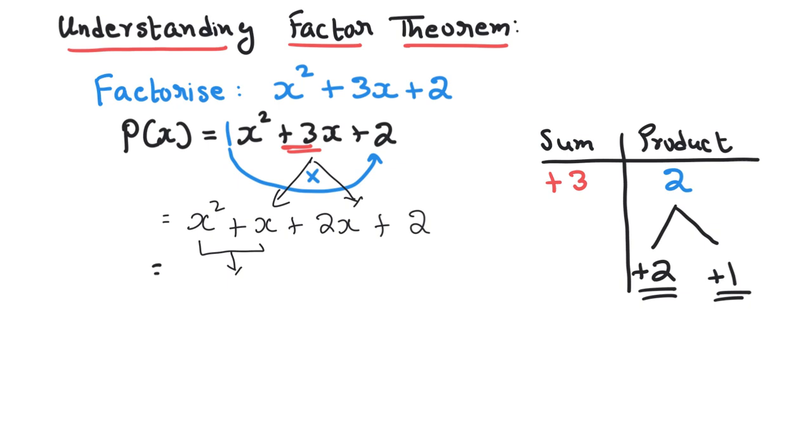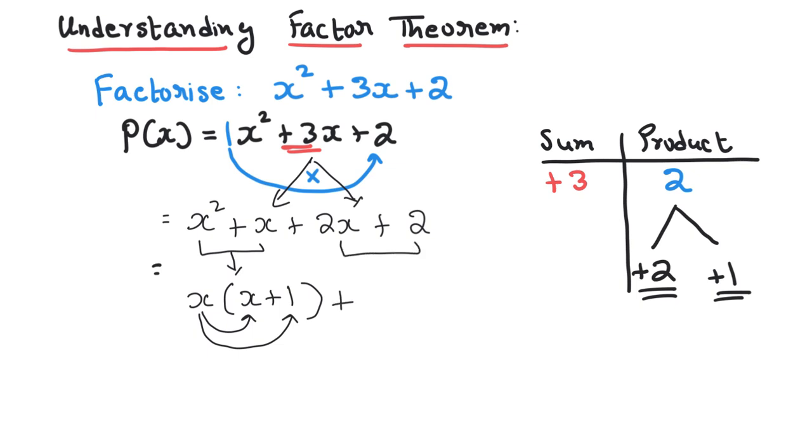What's common in both? X. So can I remove x out? What remains in the bracket? You already know how to simplify and factorize two terms. X times what will give me x squared? X. Plus x times what will give me x? 1. Let's go to the next one.